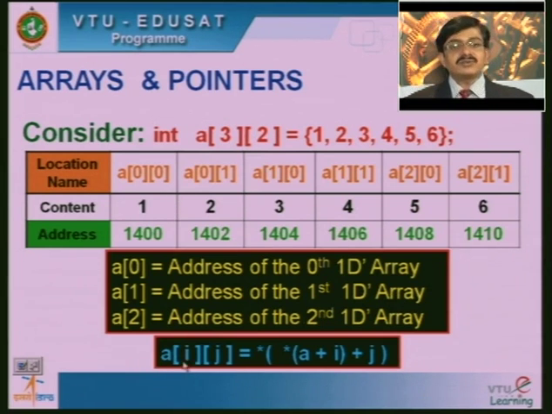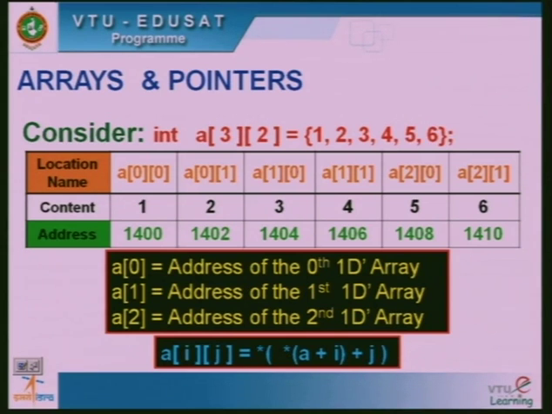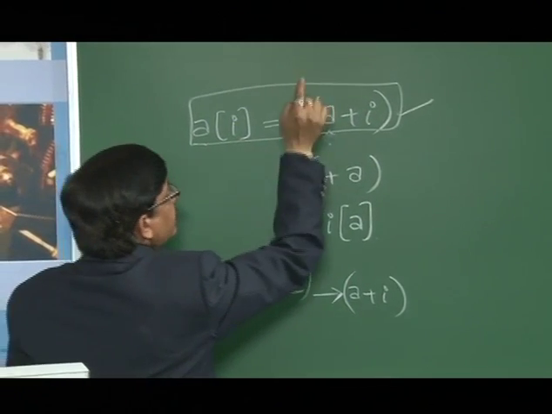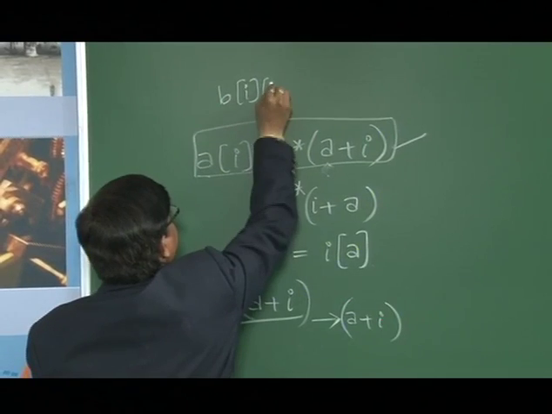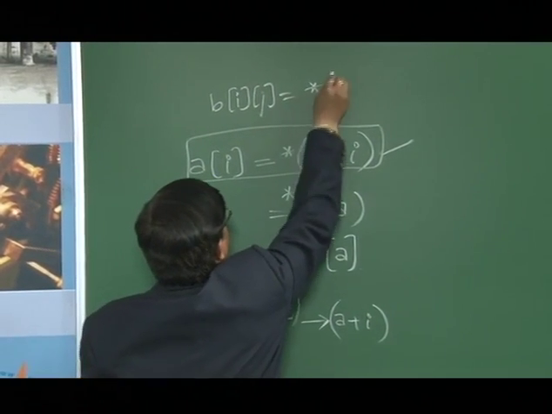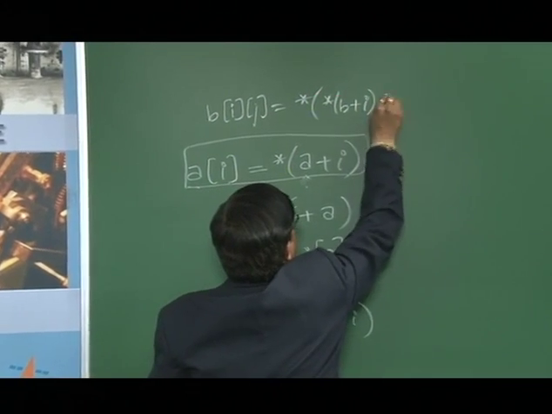Here, whenever I use A of ij, it is the same as star of A plus I plus j. With respect to a 1-dimensional array, I may use the statement A of I is the same as star of A plus I. But when it is a 2-dimensional array, if it is something like B of ij, then this is the same as the value at address star of B plus I, then plus j.